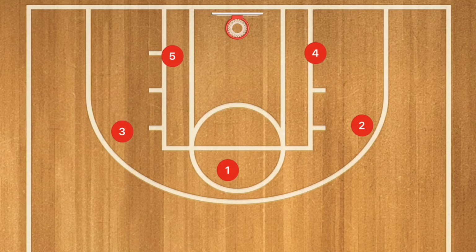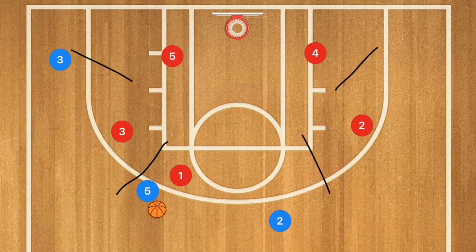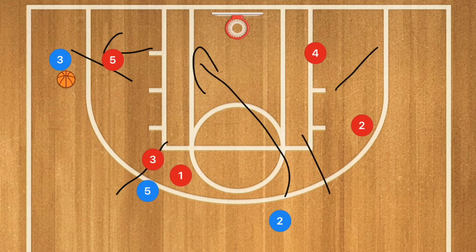So to exploit a zone defense, you can attack the gaps. And by attacking the gaps, you'll be drawing a double team, which means that if you've got another player in a passing lane from you, you're going to be able to draw a double team, pass the ball, draw that player out, which now if a player from the weak side comes down and cuts down, that's going to give you a nice easy layup.